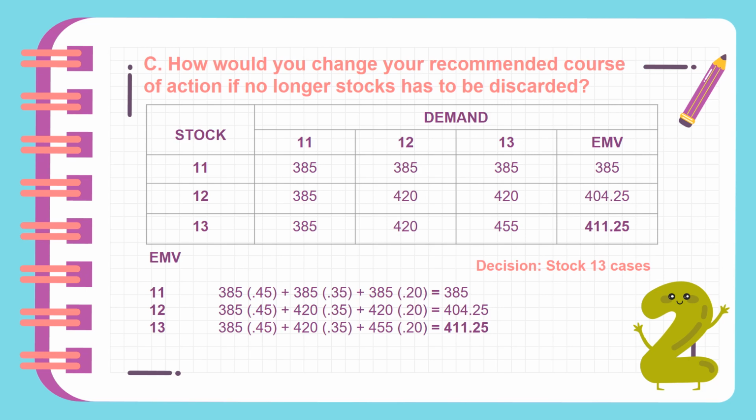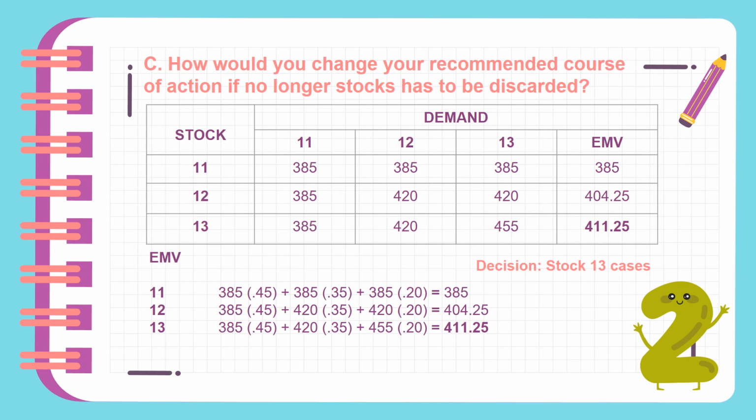Another change is for the demand of 12 under stock 13, so that is 420, because we do not need to deduct the 56 amount of cost, because we do not incur losses.